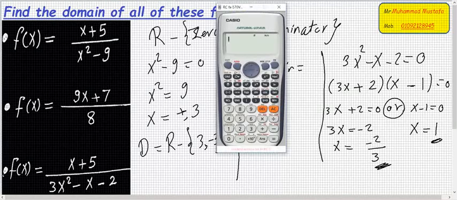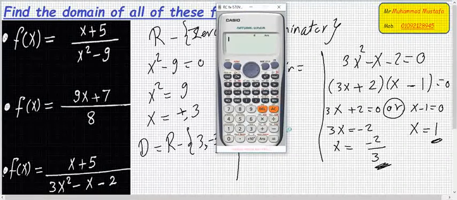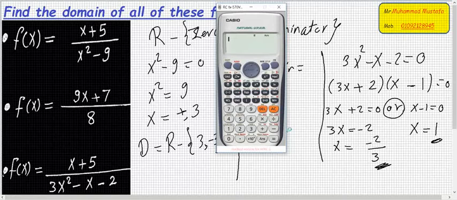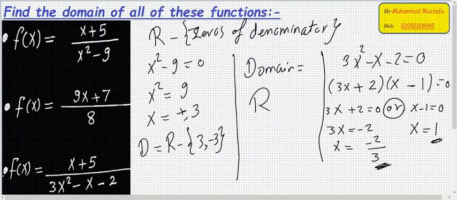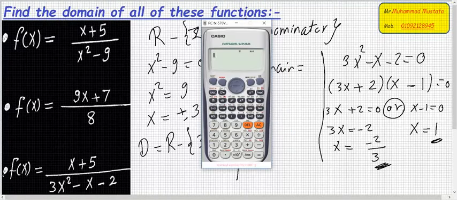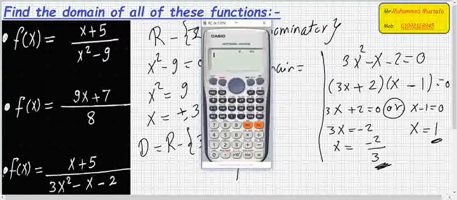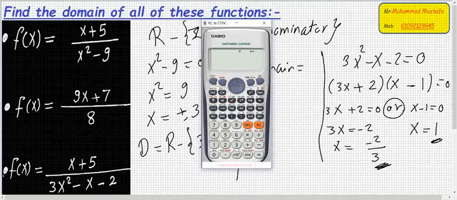We can check our answer by calculator. We use the calculator to find the set of zeros by factorizing the trinomial 3x² - x - 2.